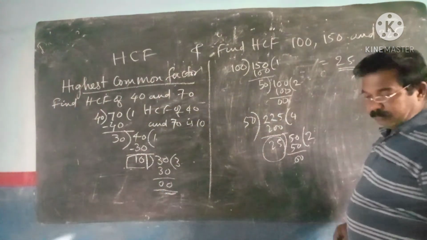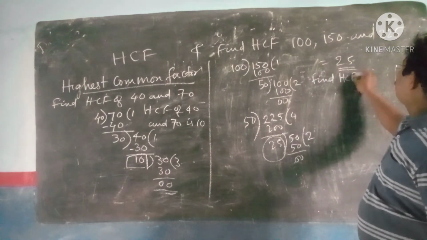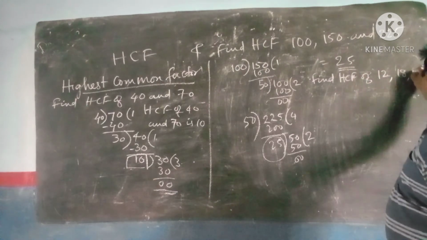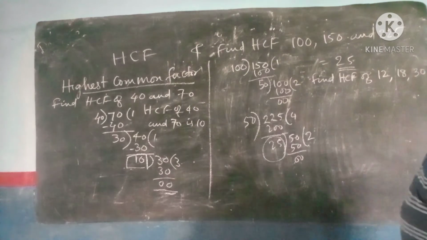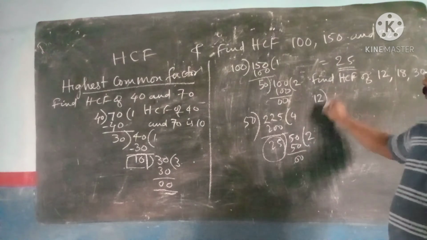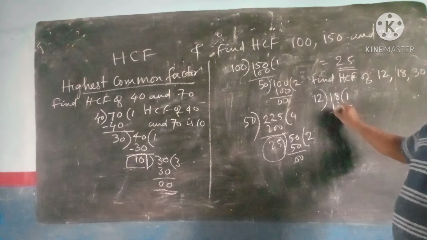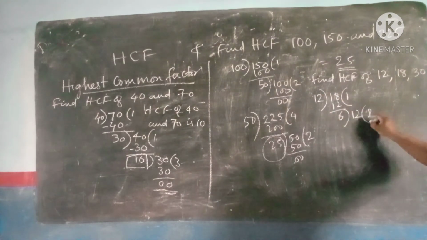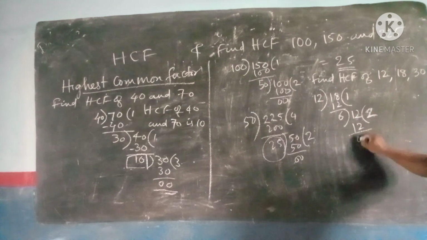One more example: find the HCF of the small numbers 12, 18 and 30. 18 divided by 12: 1 time 12, remainder 6.